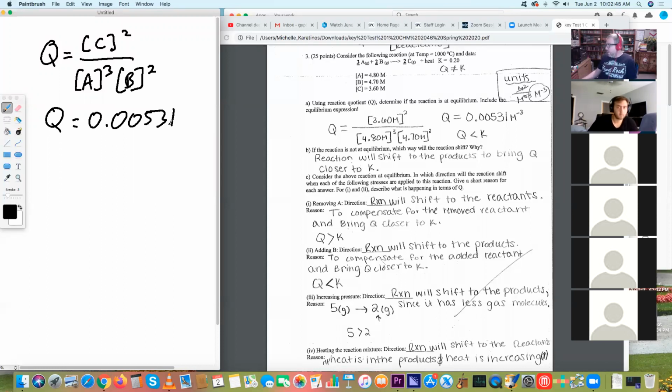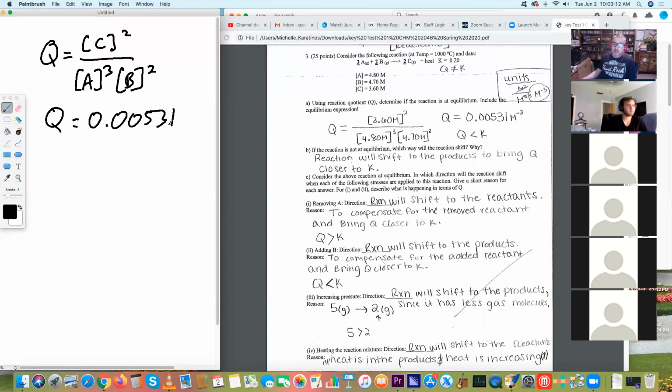And what we get there is a Q value that results from the subbing in of the values we have for those concentrations. And you can see that presently, if we have those concentrations of A, B, and C, we're not at equilibrium because Q doesn't equal K. We know what K equals because we're told it's 0.20, but it actually turns out it's 0.00531. So that's the first part of the question, is just to determine whether or not it is at equilibrium.